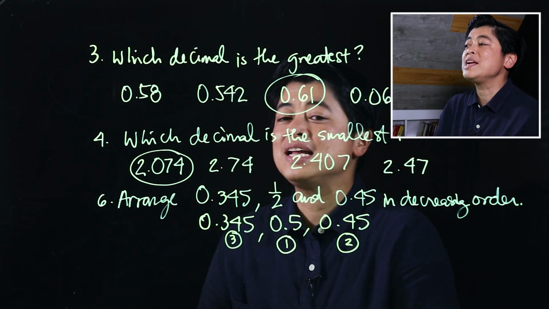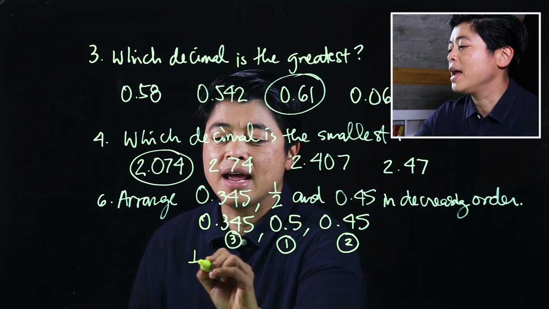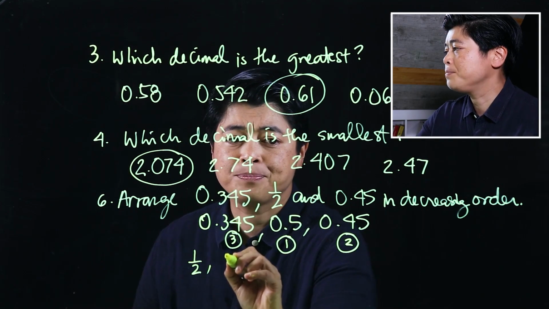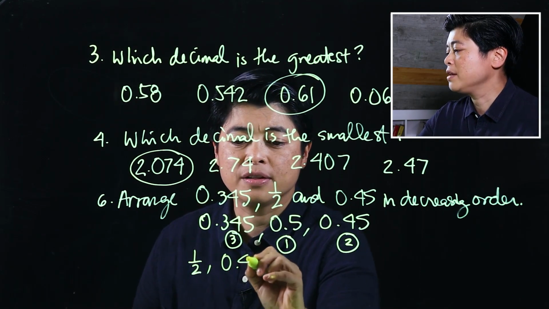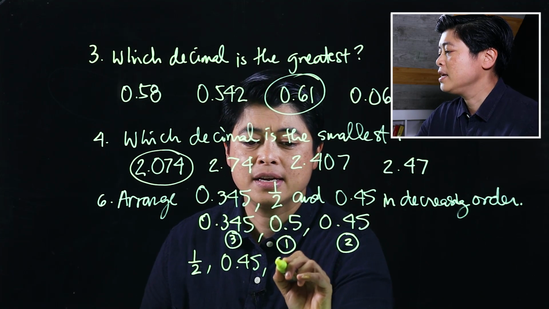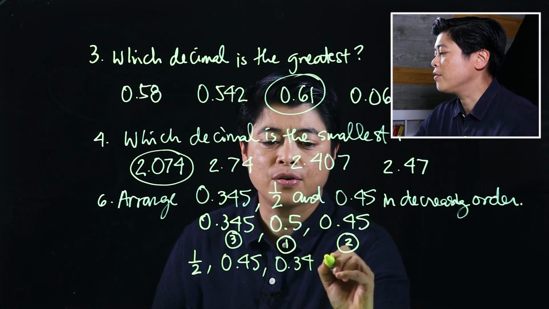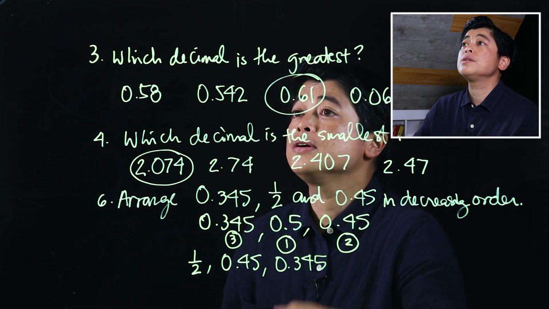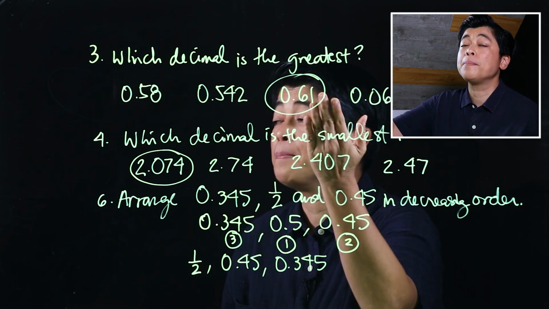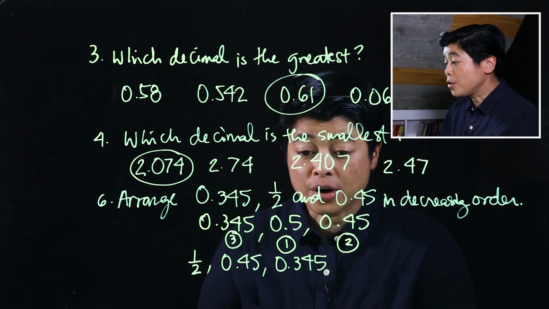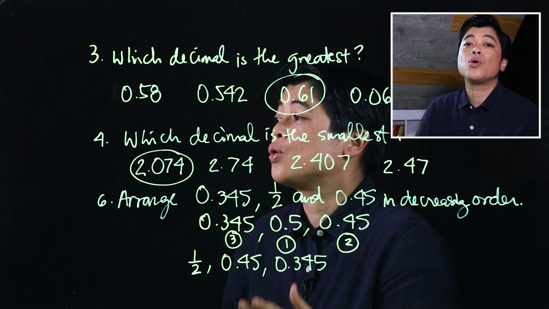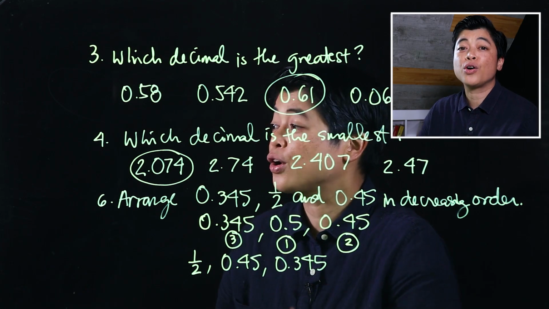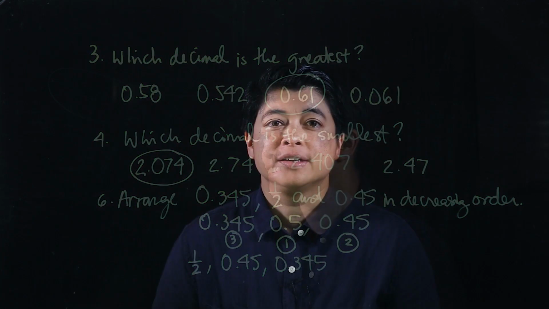So in decreasing order: 1/2, then 0.45, then 0.345. So these are the comparing. Shortly, we will see the ordering or the patterns.